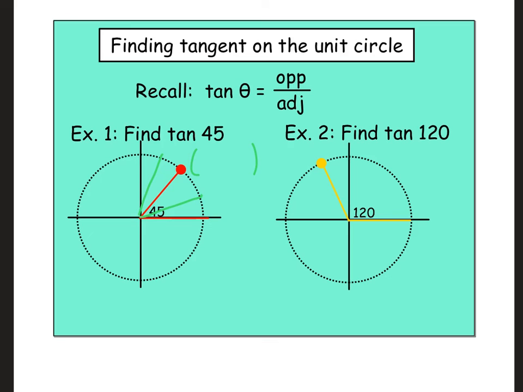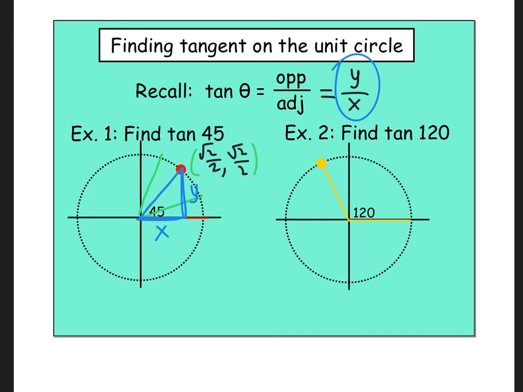So if we think about the three angles, 45 degrees is the middle one. So it's the one where they're both root 2 over 2's. Okay, so if tangent is opposite over adjacent, in terms of the unit circle, that is just the y value over the x value. Because if you picture that triangle here, the opposite, like we always said, is always the y value, and the adjacent is always the x value.